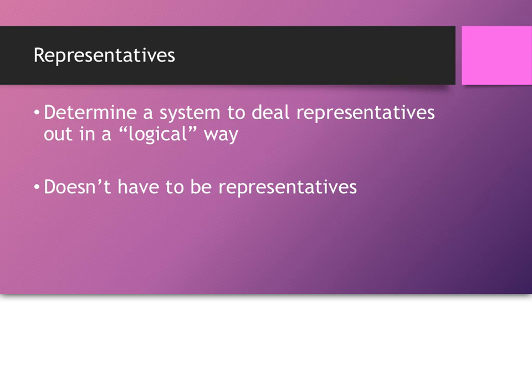It doesn't necessarily have to be representatives, but probably the best example is representatives. For instance, in the United States House of Representatives, you have to deal out a certain number of representatives to each state. We're going to start dealing out a certain number of representatives to different, in this class, districts.